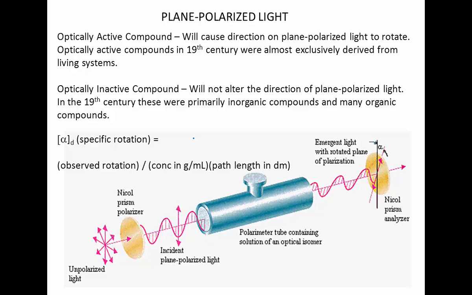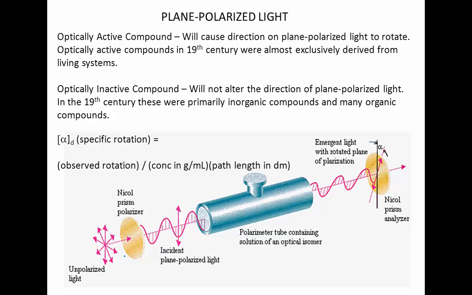Okay, so here's what plane polarized light is. Light has a source here, and the wavelengths are going in all directions. So it's going straight up and down. Some of them are coming straight forward and backward. Some of them are at intermediate angles, and they're represented by these vector arrows here.